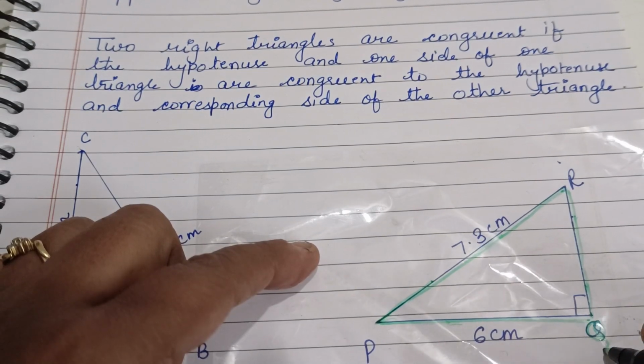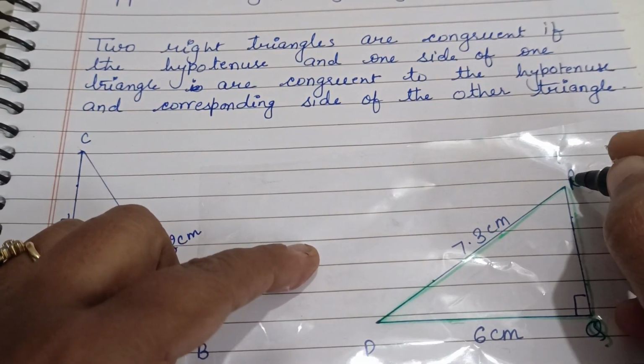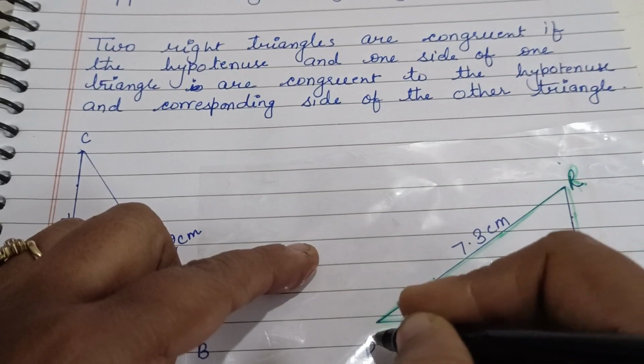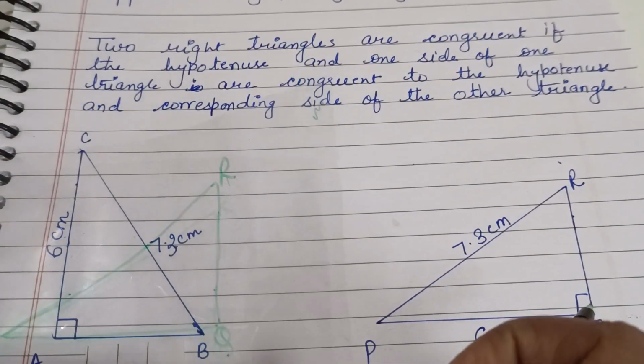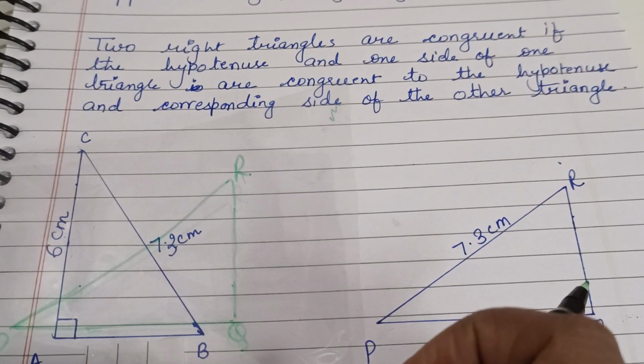This is Q, this is R, and this is P. Now let us try. No, they are not overlapping.